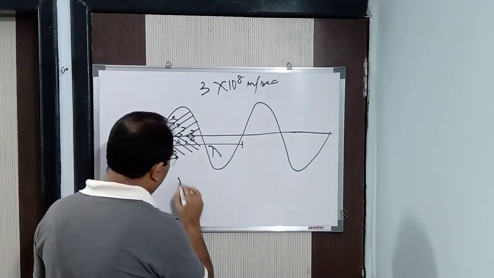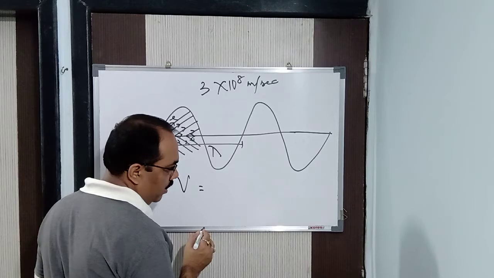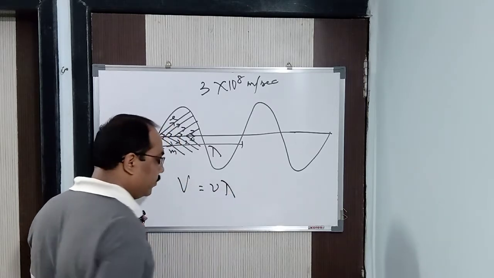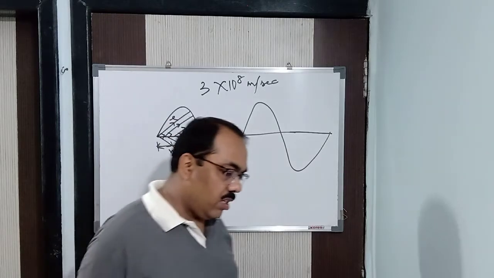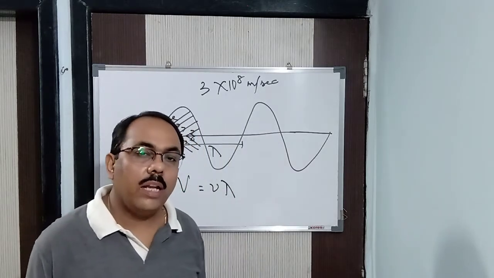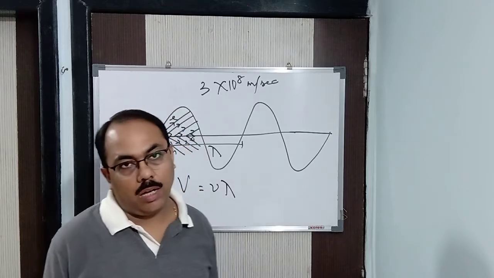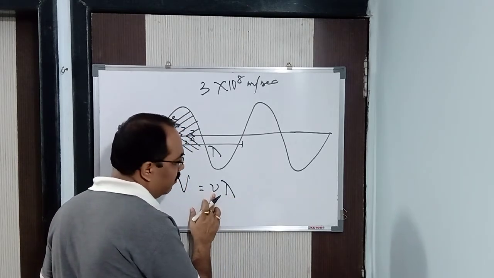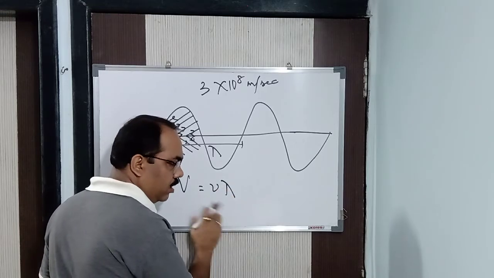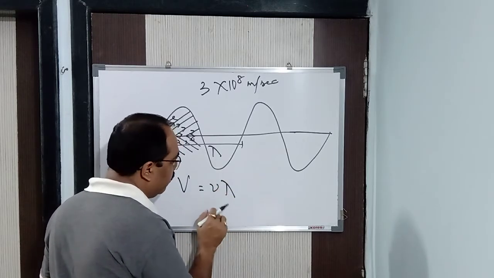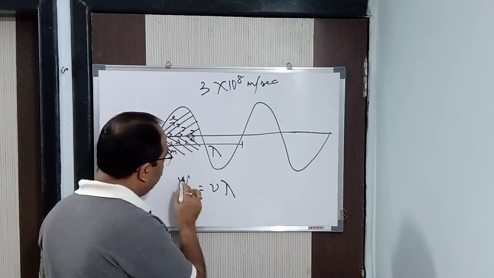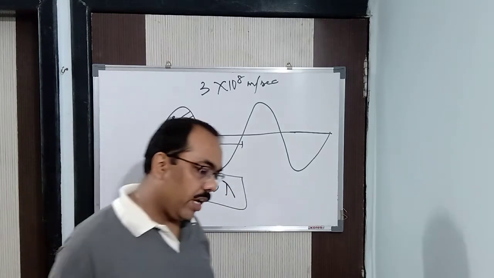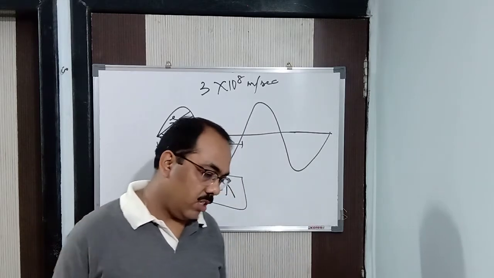So velocity is calculated to be nu lambda. Why? Because lambda is measured in meter, the SI unit, and nu is second inverse, which means 1 by second, so meter per second. So v is equal to nu lambda. This is the formula to calculate the wave velocity.